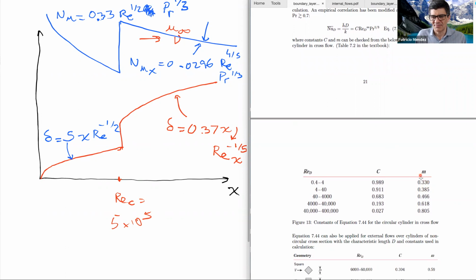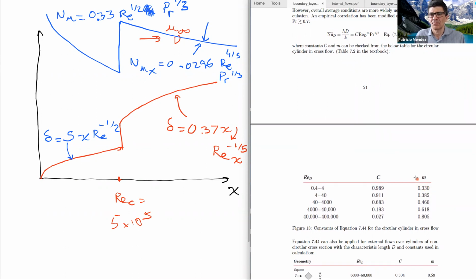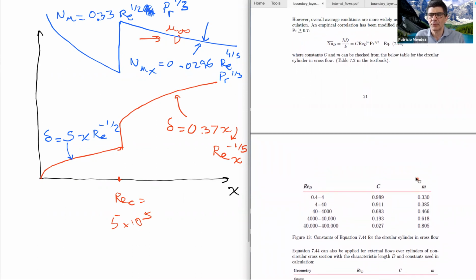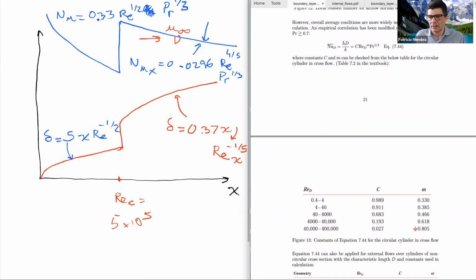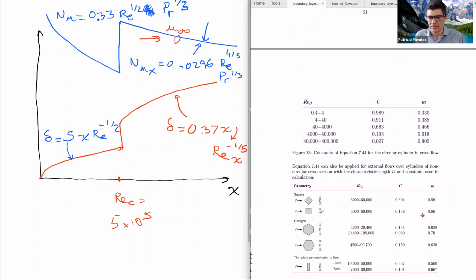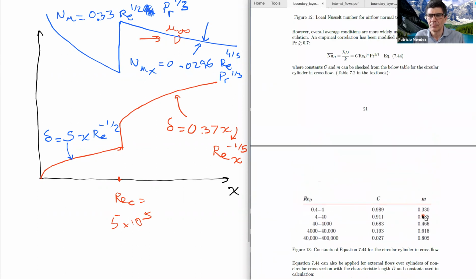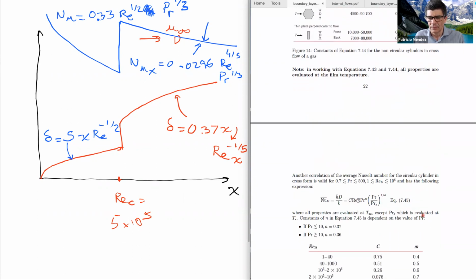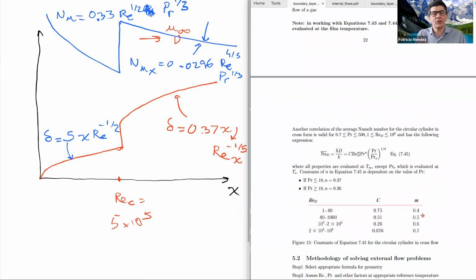Right? Here we see one for 7.44, okay. There are also correlations for the same case; often for a single geometry, you might have many correlations.